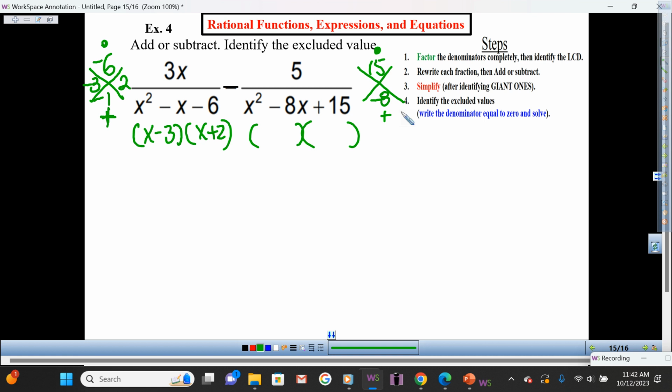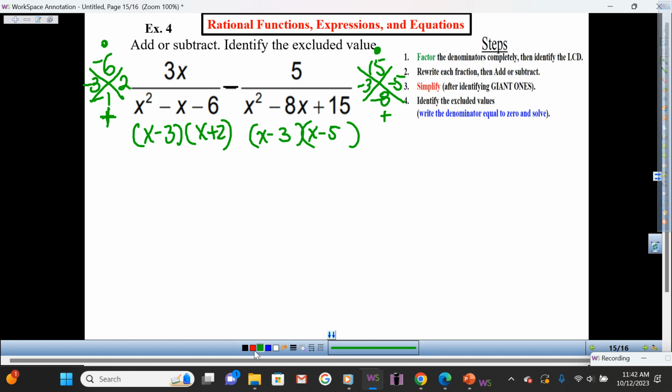Tell your neighbor the two numbers that when you multiply them give us +15, and when you add them give us -8. All right. What are those numbers, Jaylene? -3, -5. Hands, have you got that? Yes, so our factors are x minus 3, x minus 5.